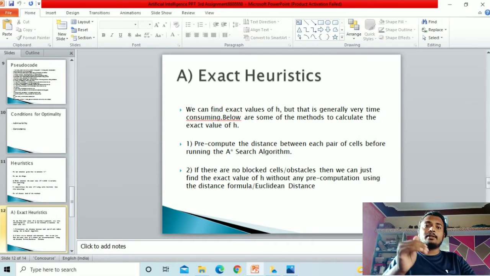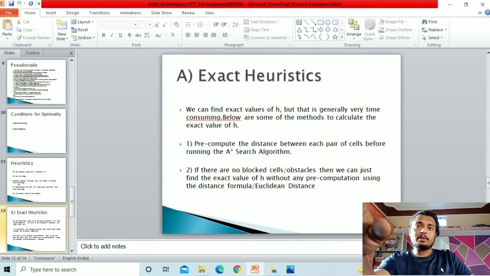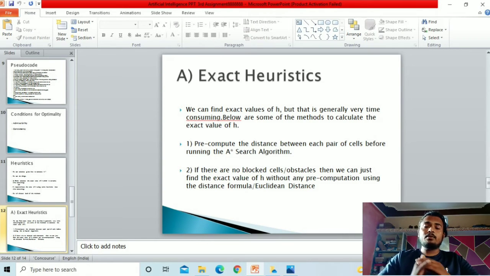So what is exact heuristics? Exact heuristic is where we can find the exact value of H. It is generally very time consuming. There are some methods given below, points 1 and 2, by which we can find the exact heuristics.